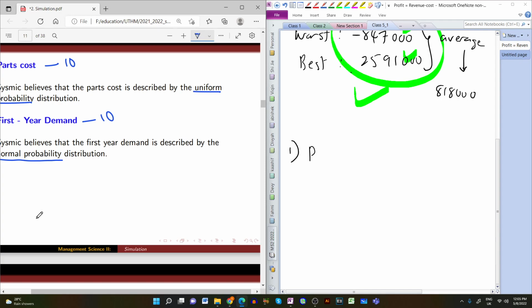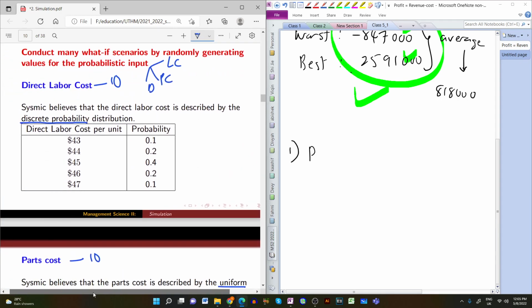You need to copy this one first. Copy the probability first. I'll give you some time. Copy the probability.